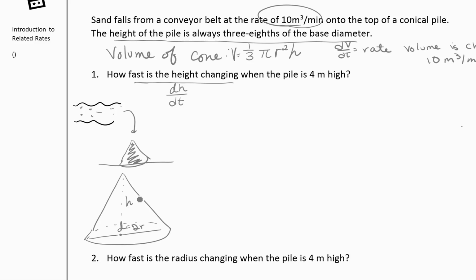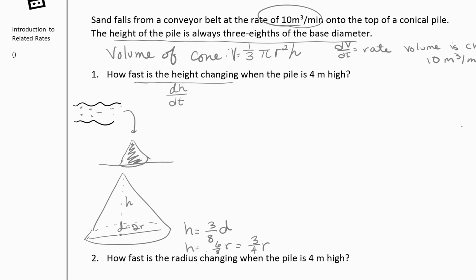Then we've got the height, which equals 3/8 of the diameter, which means the height equals 6/8 of the radius if you plug in 2r, and this reduces down to 3/4 times the radius.